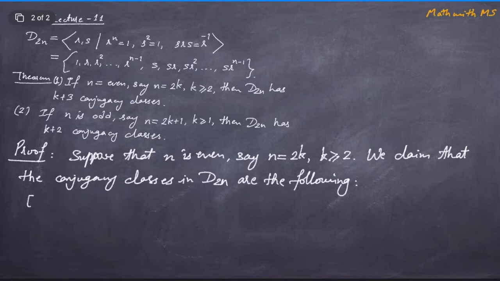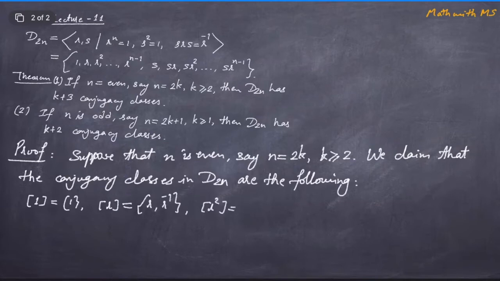The conjugacy class of the identity element is of course the identity element. The conjugacy class of r, we claim, consists of the elements r and r inverse. The conjugacy class of r squared consists of r squared and r to the power minus 2, and so on, up to the conjugacy class of r to the power k minus 1.